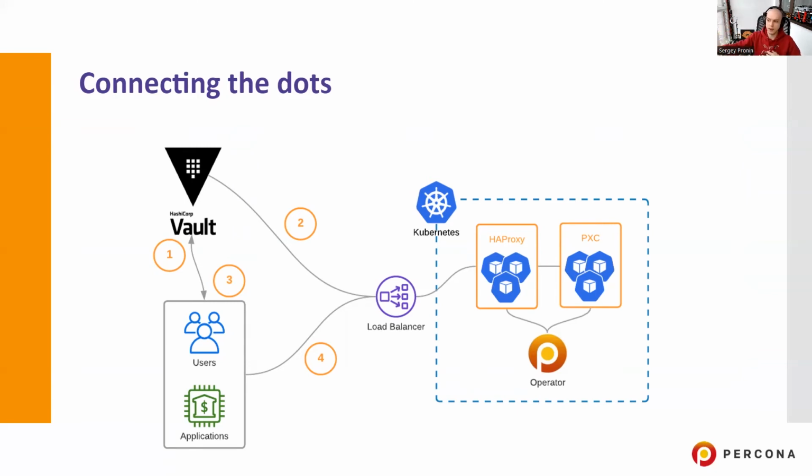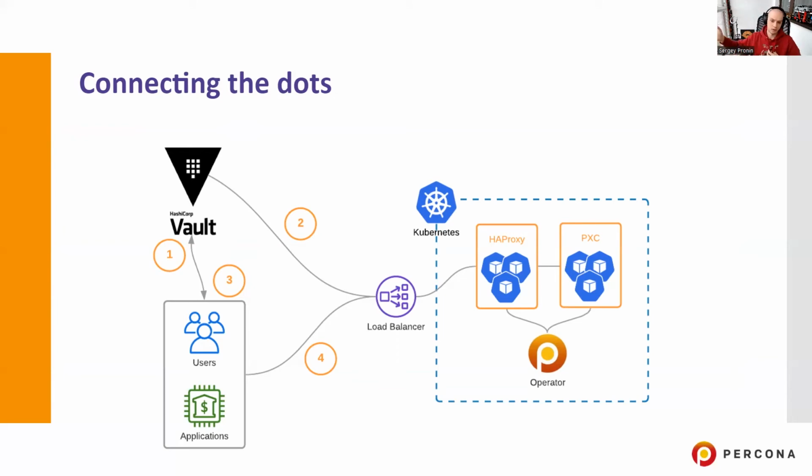As you see, I also have HAProxy here and a load balancer. The story behind it is that our operator at Percona also creates HAProxy so that you have a highly available proxy in front of your database to balance the traffic, the reads and writes.